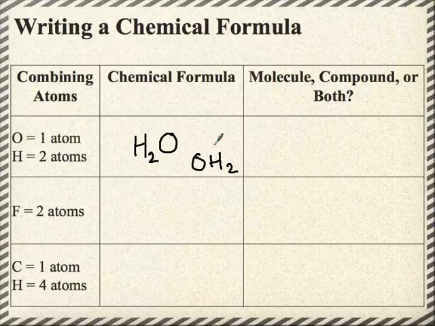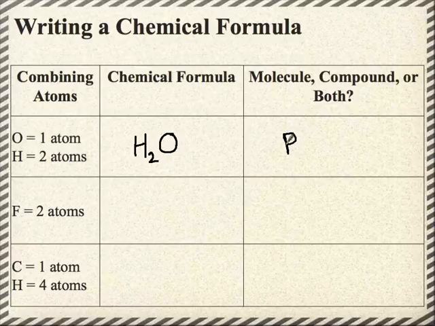And there's a specific reason why we don't go OH2 instead of H2O. But you may make that mistake. You might make that mistake here. You might not know the exact chemical formula for that. But this is the proper way to write H2O. It's not OH2. Now the next thing is this compound, molecule, or both?